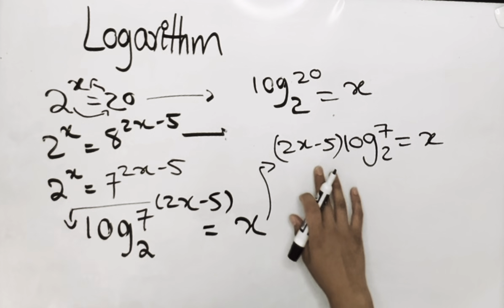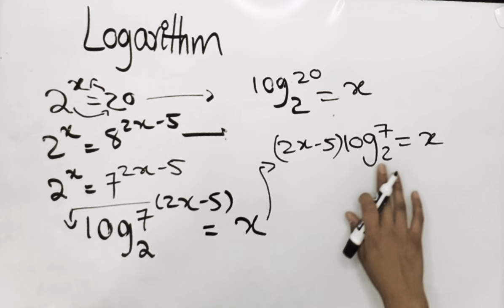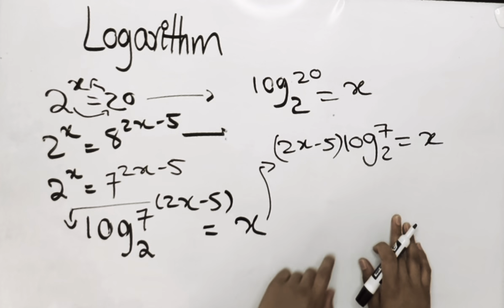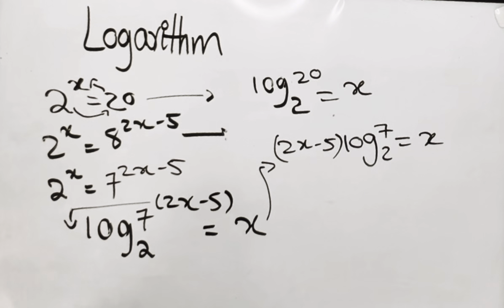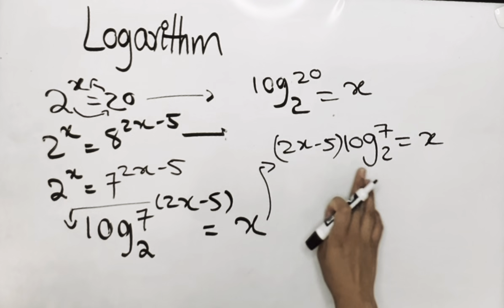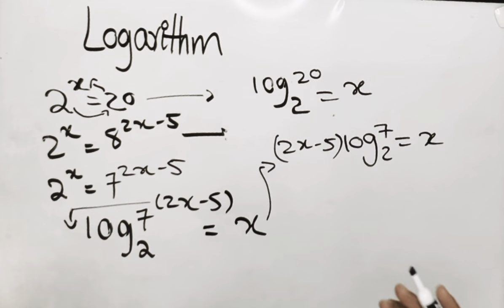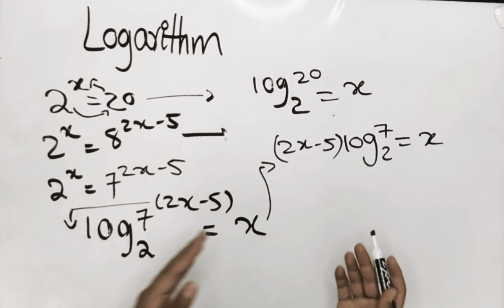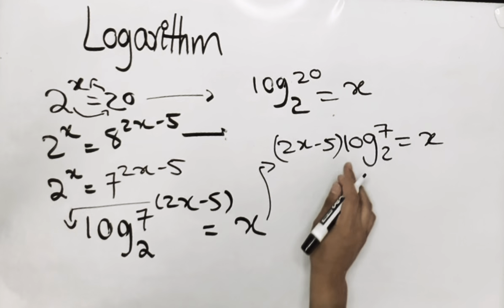That's easy. We're just going to divide both sides by. Now, since we're trying to figure out the value of x itself, we have to distribute that log base 2 of 7, and then figure out what the value of x is.